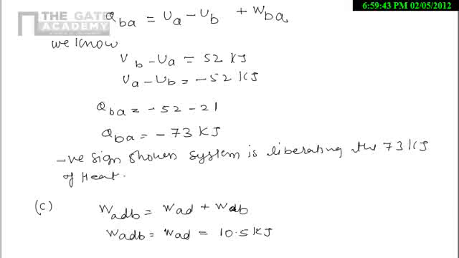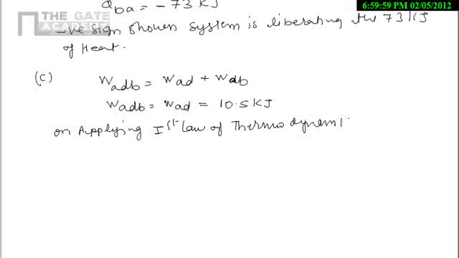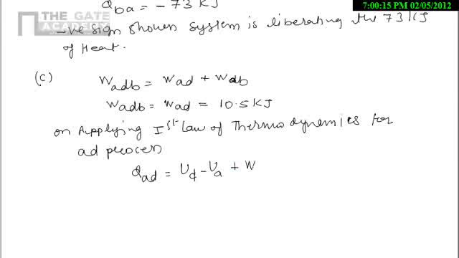Applying the first law of thermodynamics for the AD process, I can write QAD equals UD minus UA, because D is final, A is initial, plus WAD.